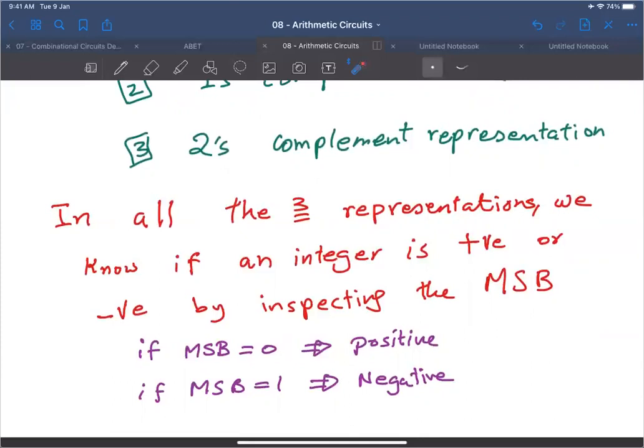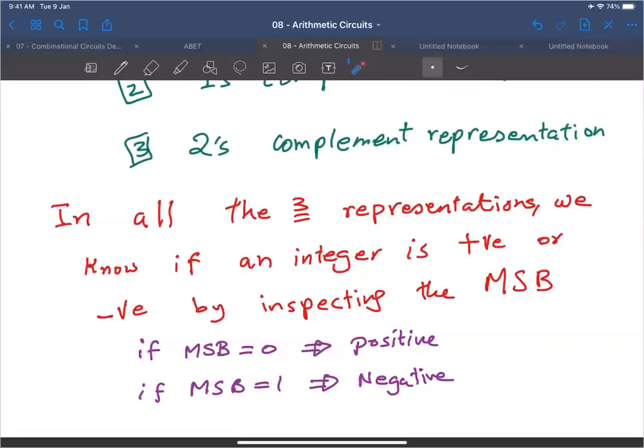Start with bit number 0, 1, 2, and then 3 is the sign bit. If the sign bit is 0, then we know that the number is positive. And if the sign bit is 1, then we know that the number is negative, okay?